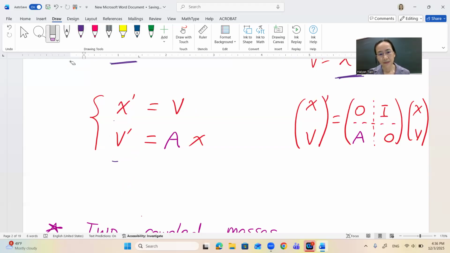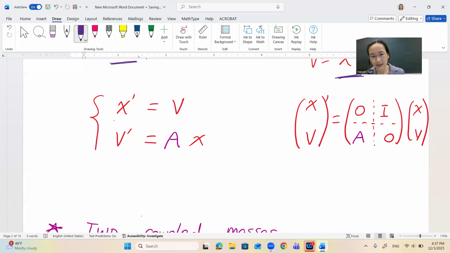So now it's becoming first order. So we have v prime equals Ax. Now the overall system is larger because originally we have just a system of n equations. Right now we have n plus n, twice as many equations. So now we can write the system in this form.